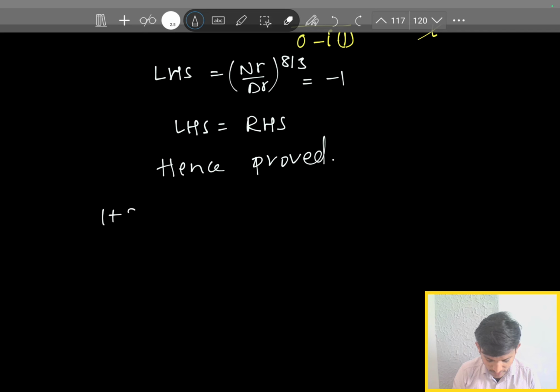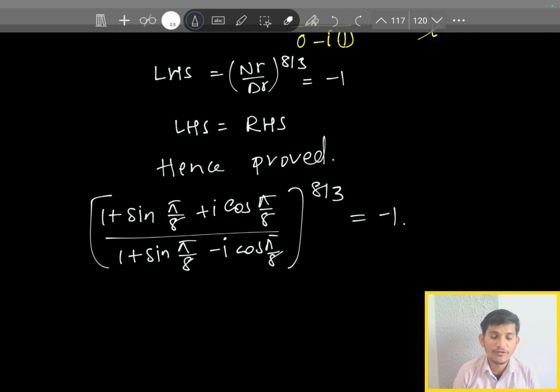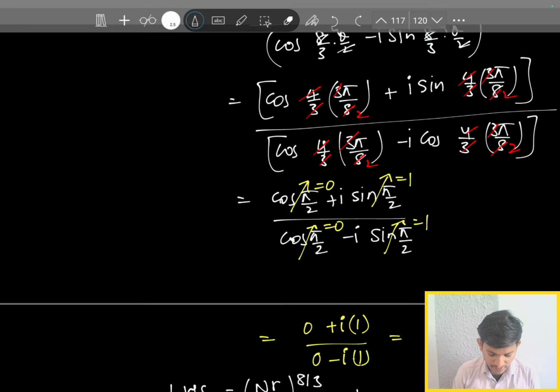So what was that? 1 plus sine of 5 pi by 8 plus i times cos 5 pi by 8, whole divided by 1 plus sine 5 pi by 8 minus i into cos of 5 pi by 8, whole power 8 by 3. This value was found to be equal to minus 1.